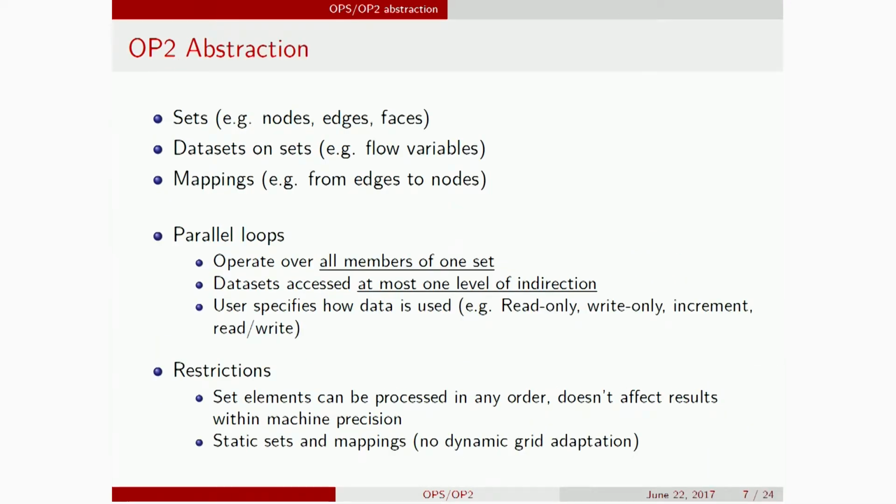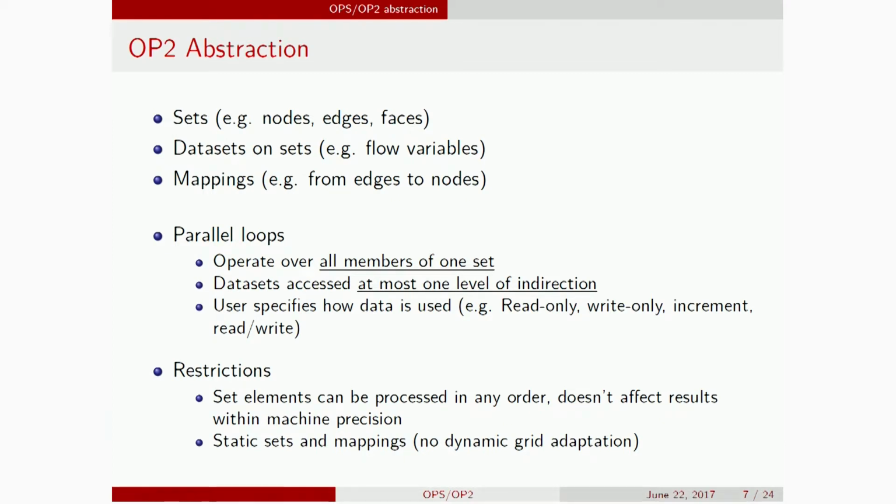Okay, so let's see what abstraction we use for OP2. We have sets. We define the nodes, the edges, and everything that we need for the computation. Then we define the data sets that we use on these sets, and we define the mapping, the connectivity information between the sets.